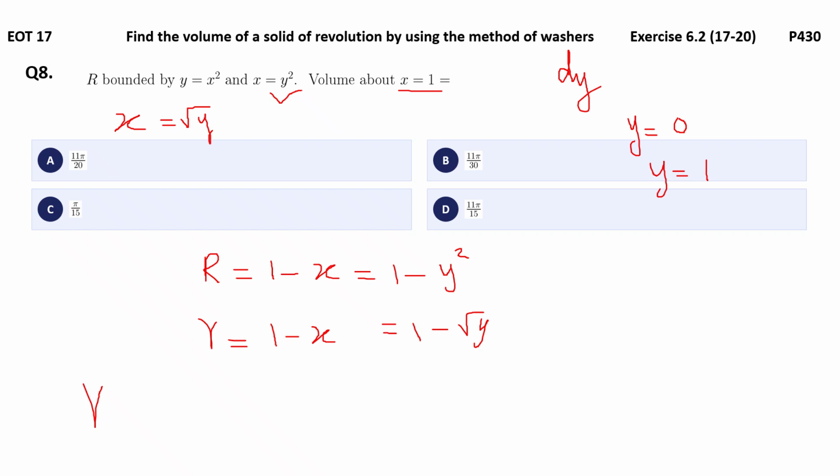So volume is nothing but pi times the integral from 0 to 1 of 1 minus y squared the whole square, minus 1 minus root y the whole square, dy.